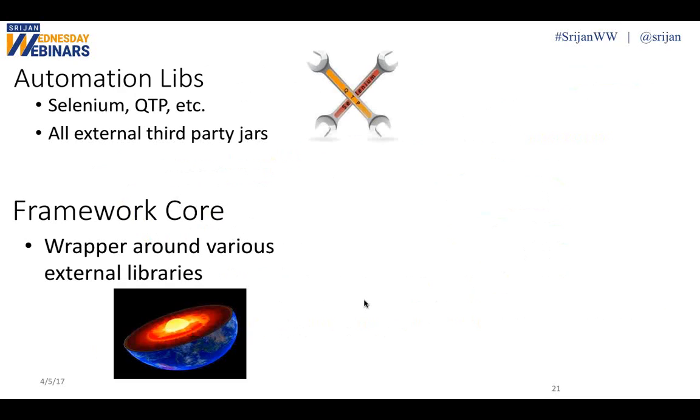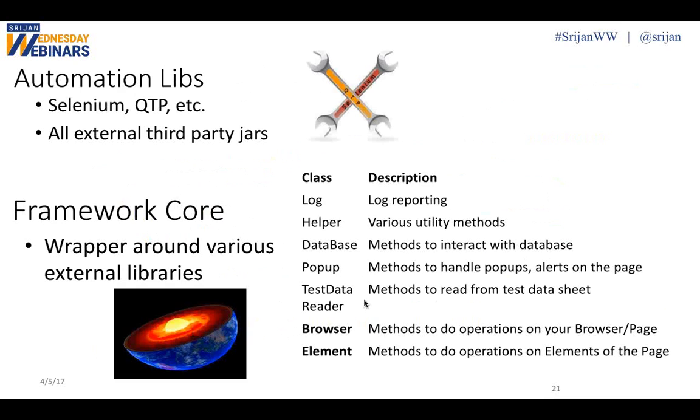So what you do here is, let's say you write a browser class. The browser class has all the methods to do various operations on the browser, and the element class has all the methods to do operations on an element on the page. For example, the element class will have click element, check element, uncheck element, enter data, click, submit, all sorts of operations.